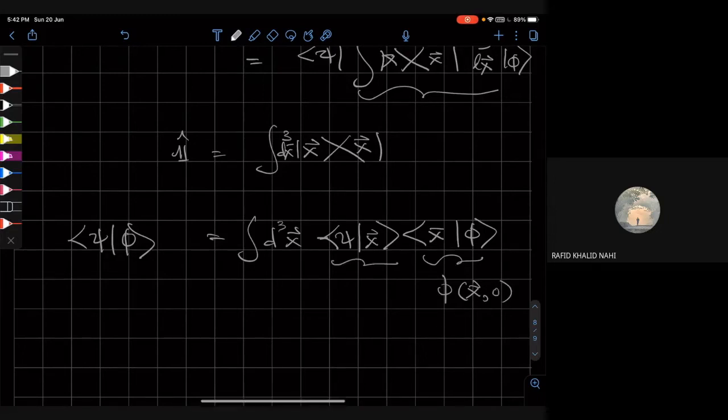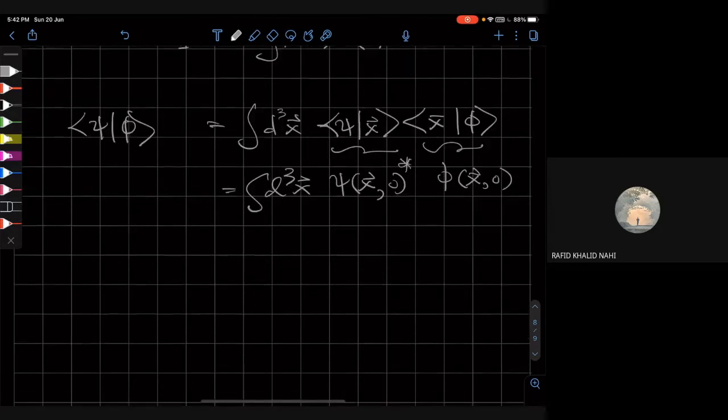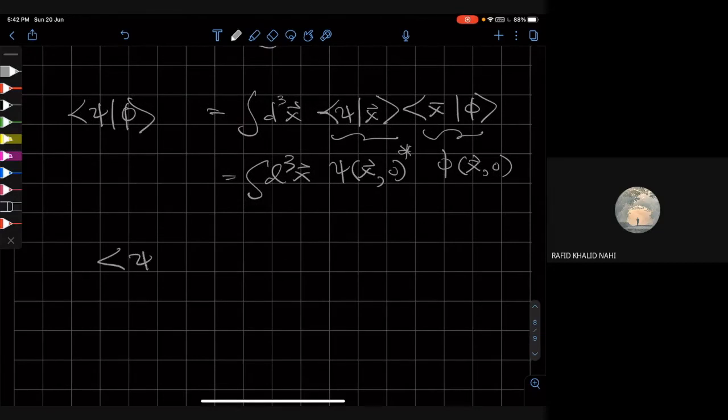And this is psi as a function of x complex conjugated. So this whole thing is d cubed x. So we see that what we are calling the inner product here is what I called this thing in quantum 1 plus. It is the same inner product because this thing is equal to this thing.